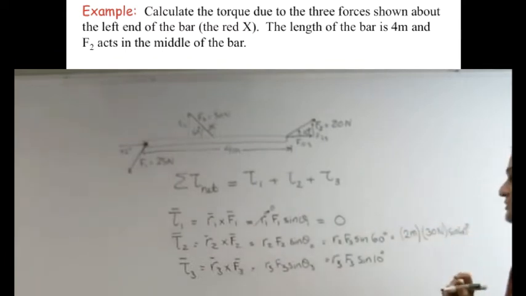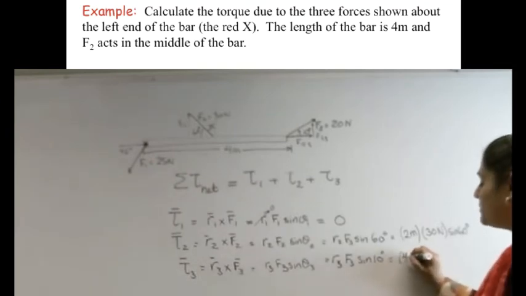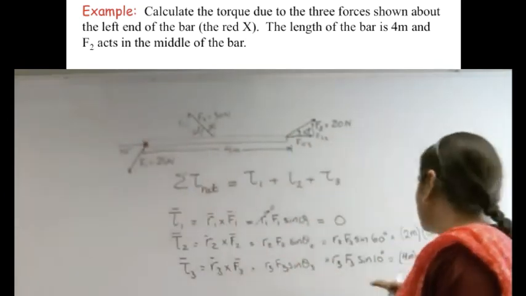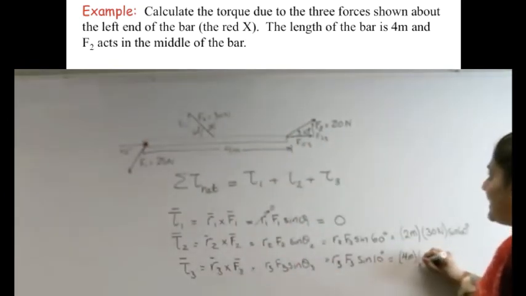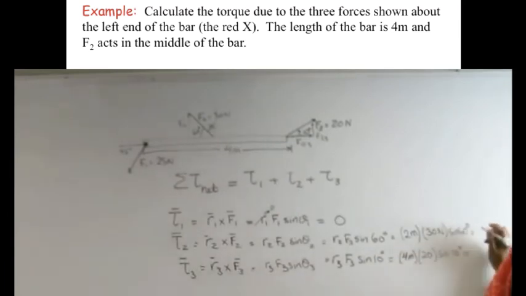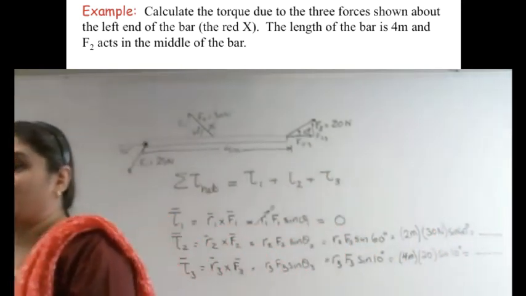I'm just going to plug in the numbers and come up with answers. For R3, it'll be 4 meters because the distance between this point and that point is 4 meters. F3 is 20, and then sine of 10 degrees. So go ahead, plug these numbers in, and come up with the numbers for torque 1, torque 2, and torque 3.